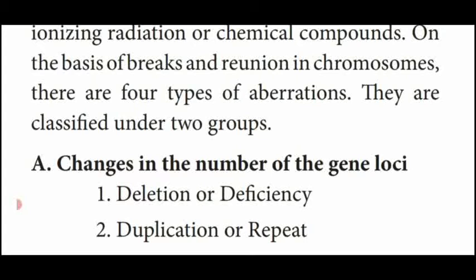It is again divided into two types. One is deletion, where the loci of the gene is totally deleted, or deficiency. Another is duplication, where it is doubled or repeated.